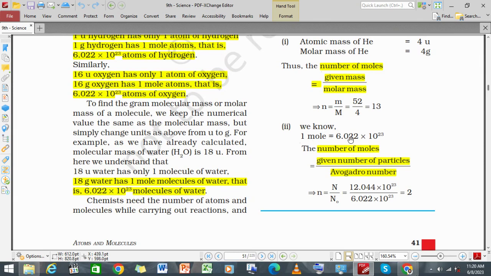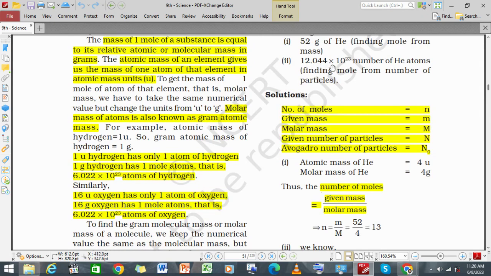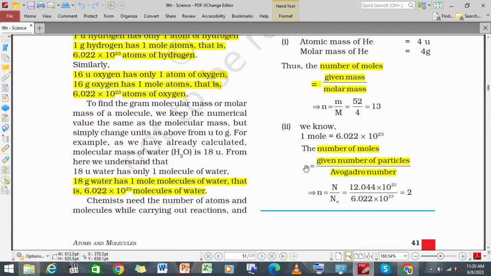Now, we know that 1 mole is equal to 6.022 into 10 to the 23. We can find the number of moles from the mass method, and also in terms of Avogadro number and the particles present. Here, how many particles are present? 12.044 into 10 to the 23 helium atoms, and we know the Avogadro number 6.022 into 10 to the 23.